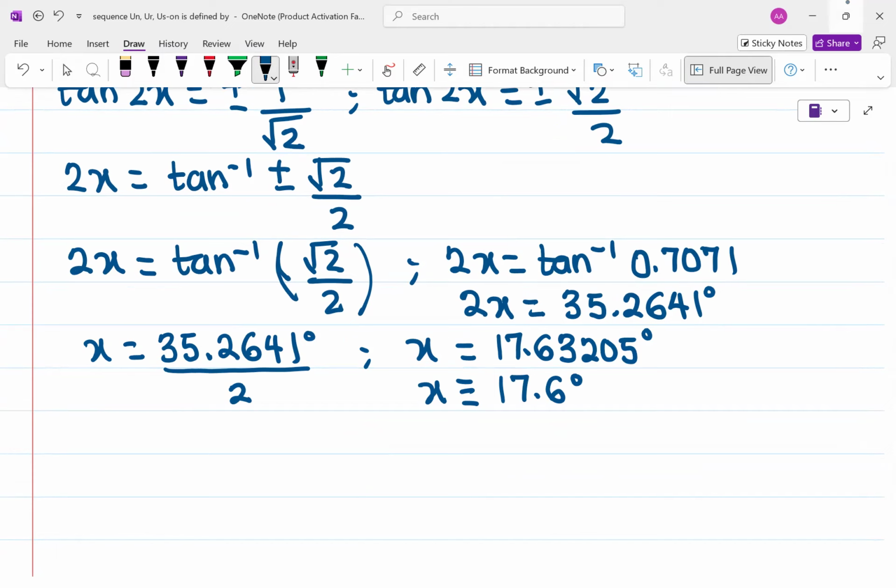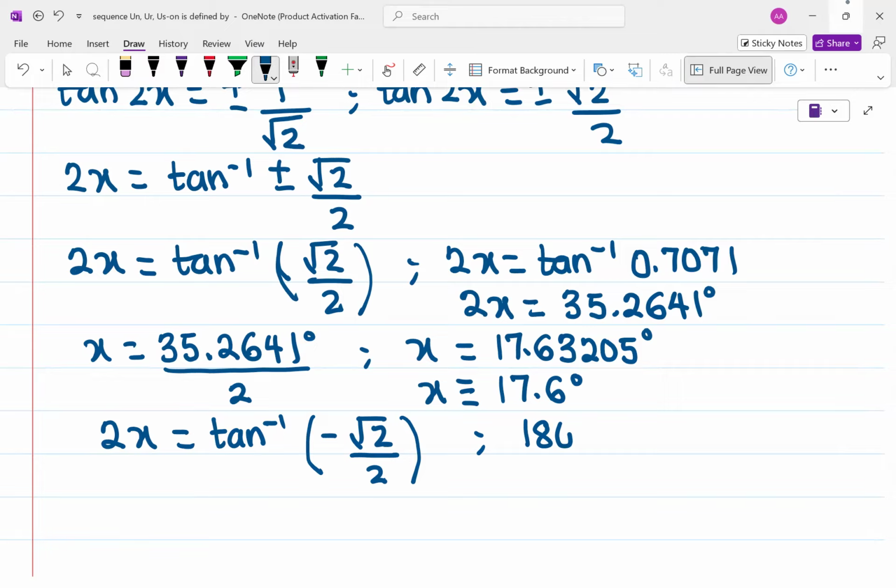So for the second one, that will become 2x is equals to tan inverse of my negative root 2 over 2. So since we mentioned earlier that this is in the second quadrant, it will now become 180 degree minus theta.